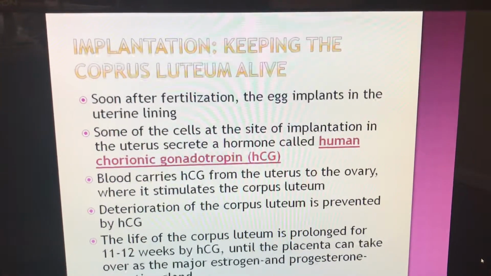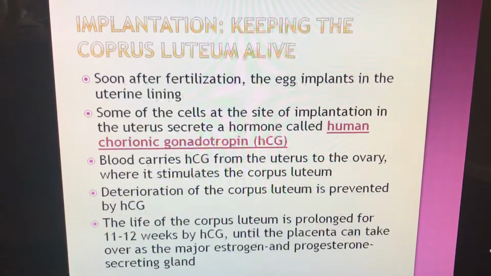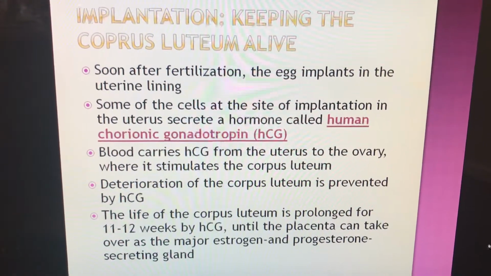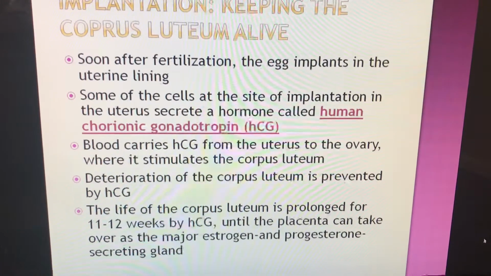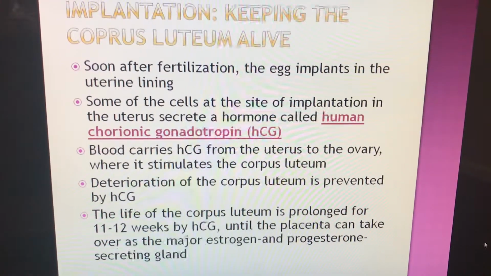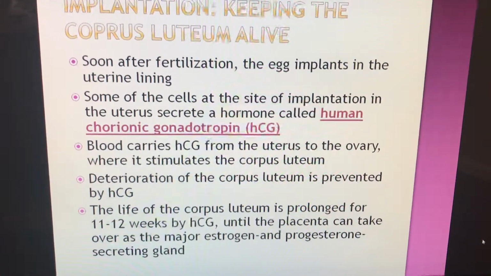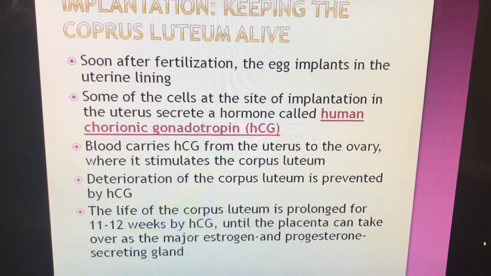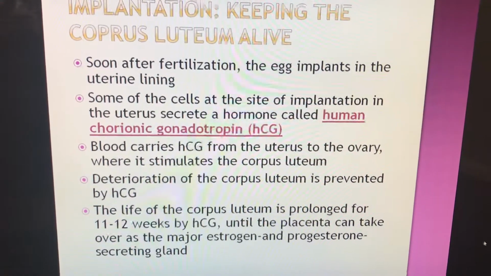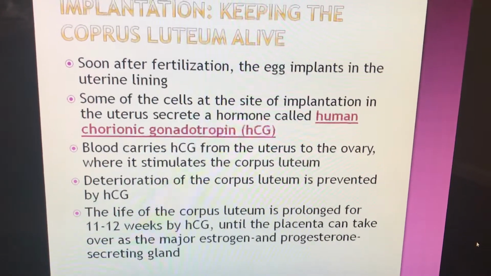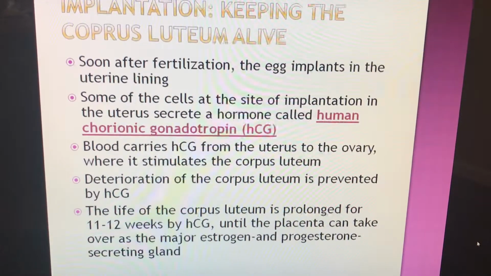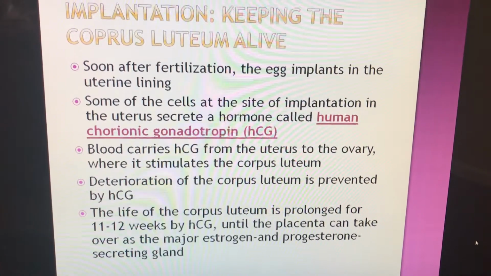So implantation, keeping the corpus luteum alive. Soon after fertilization, the egg implants in the uterine lining. Some of the cells at the site of implantation in the uterus secrete a hormone called HCG. Blood carries HCG from the uterus to the ovary, where it stimulates the corpus luteum. Deterioration of the corpus luteum is prevented by HCG.